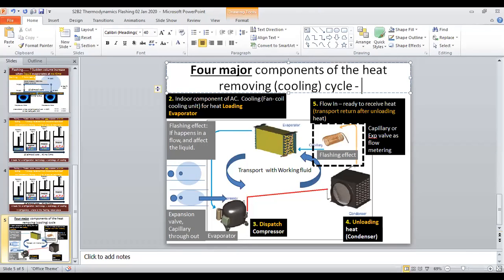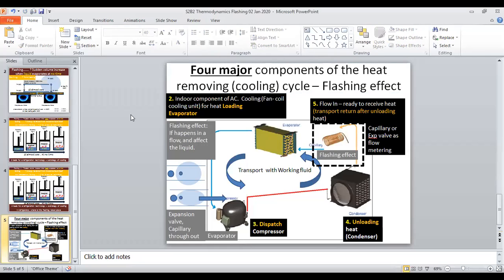Flashing effect, I will modify this topic. I explained a bit earlier, too many explanations, but later you will learn this. So this is where the desirable flashing effect takes place, at the transport return ready component.